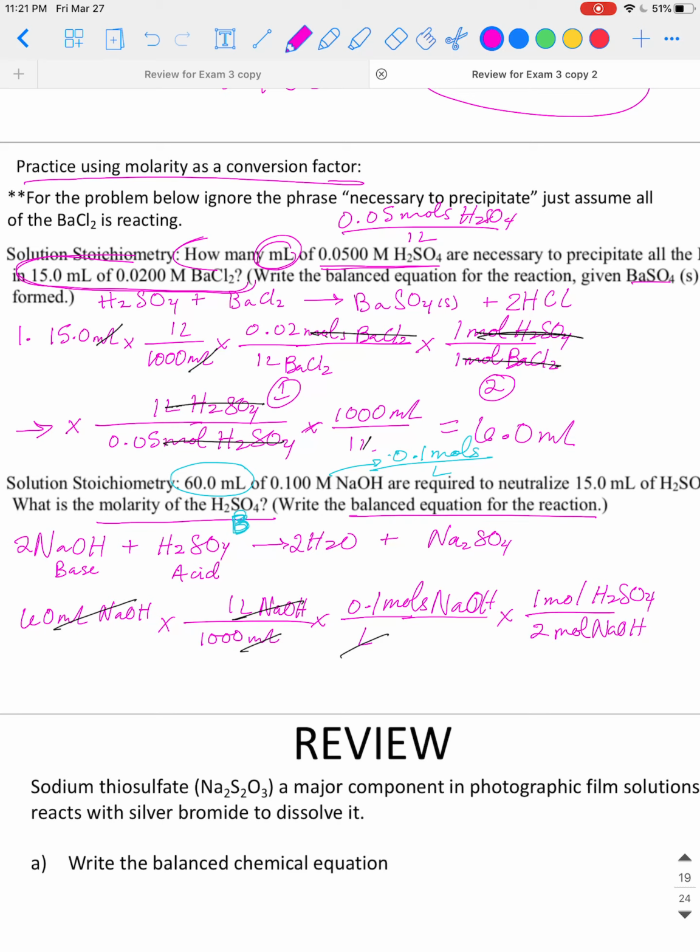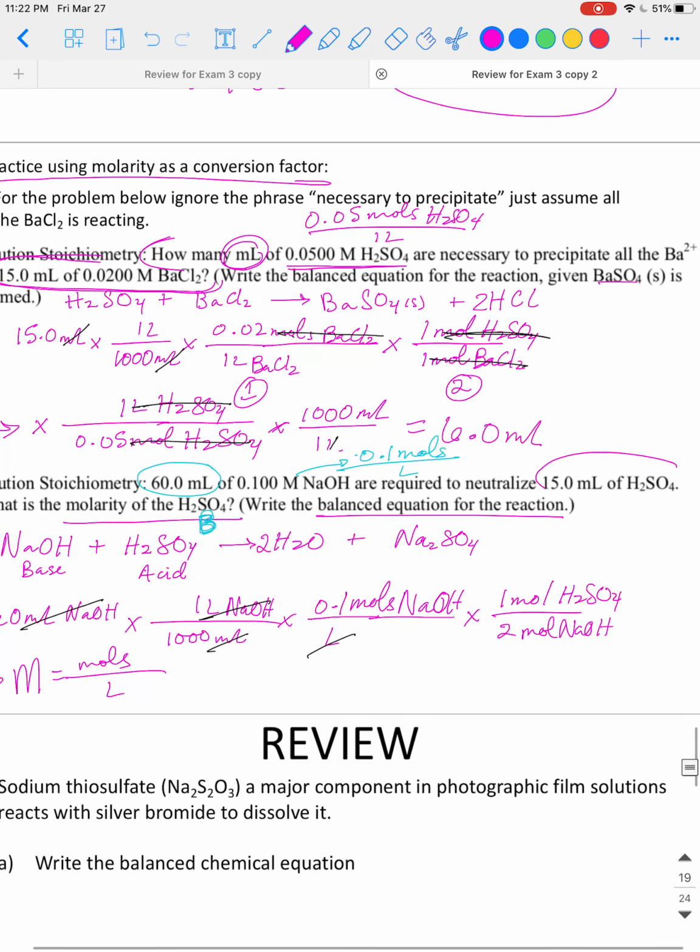Okay. Now the question here is let's reread the actual question part. It says, what is the molarity of H2SO4? What is the equation for molarity? Let's write that out down here at the bottom. Molarity, capital M, equals moles over liters. We're given volume.